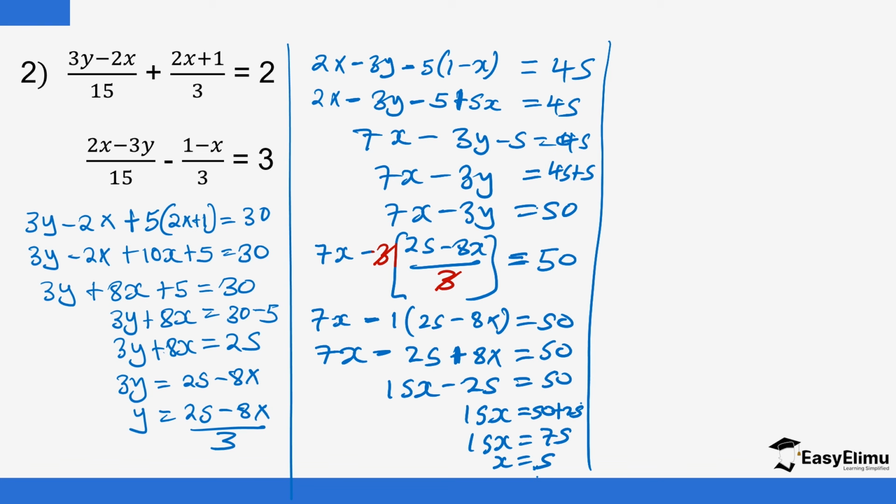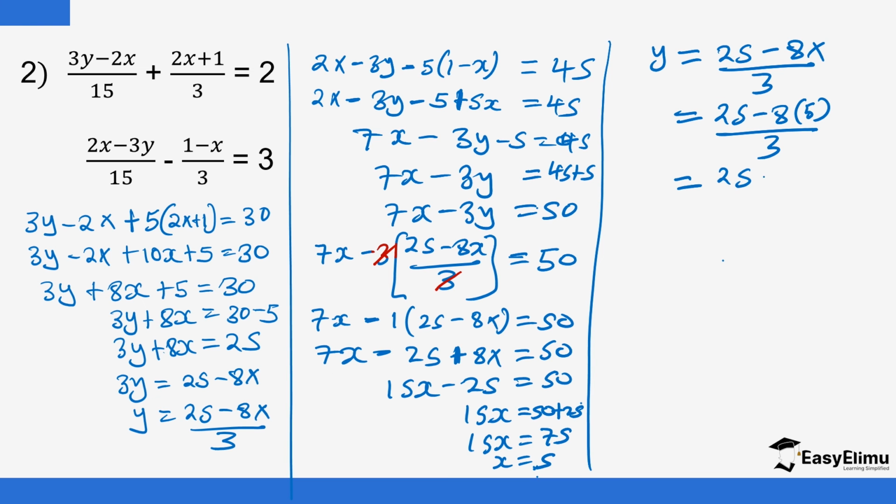So with the value of x, you can find the value of y, because already we got the value of y. You say y is equal to 25 minus 8x, everything divided by 3. So x is already 5, so I simply substitute x for 5. Where there is x, I will write 5. So this is 25 minus 8 into 5, that means 8 by 5, over 3.